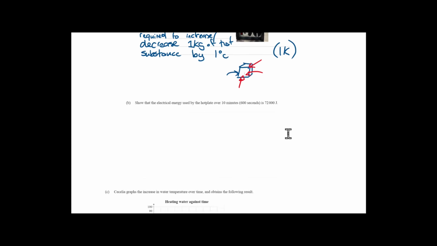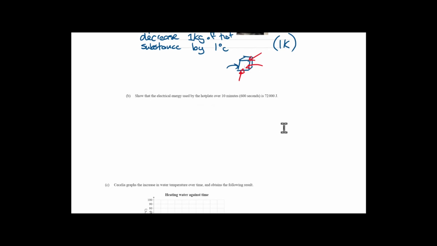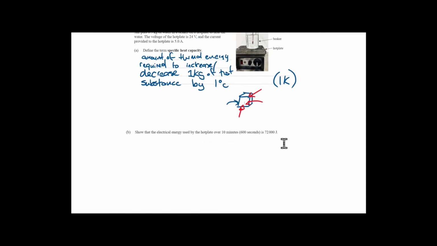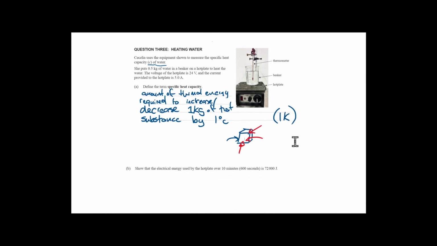All right. Next one. Show that the electrical energy used by the hot plate over 10 minutes, and they give you how many seconds that is, is 72,000 joules, so 72 kilojoules. Well, okay. We don't really care about the water, we only care about the hot plate. So we're given that the hot plate is 24 volts, and we're told that it has a current of 5 amps.